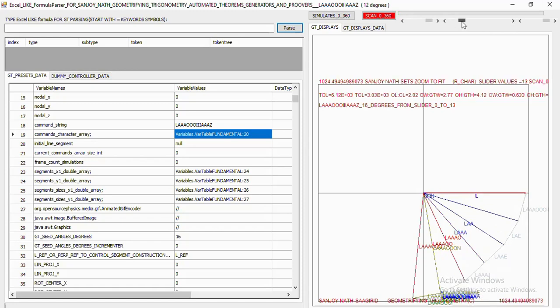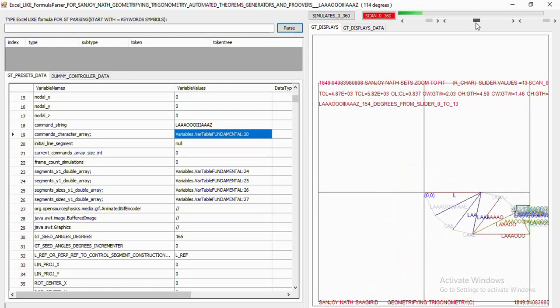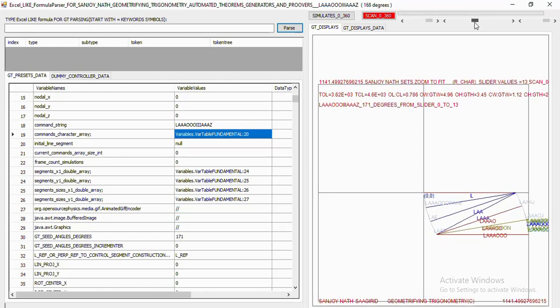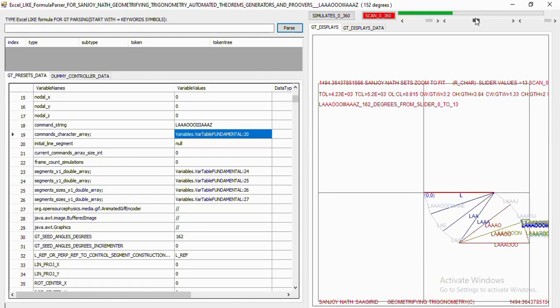And for different values of theta, we can see different kinds of symmetries coming out of this. All these things are Gtsimplexes, and every one of these Gtsimplexes has a unique behavior for every different value of theta. So you can see how the line segments are added and conglomerated together as the stages are increased.